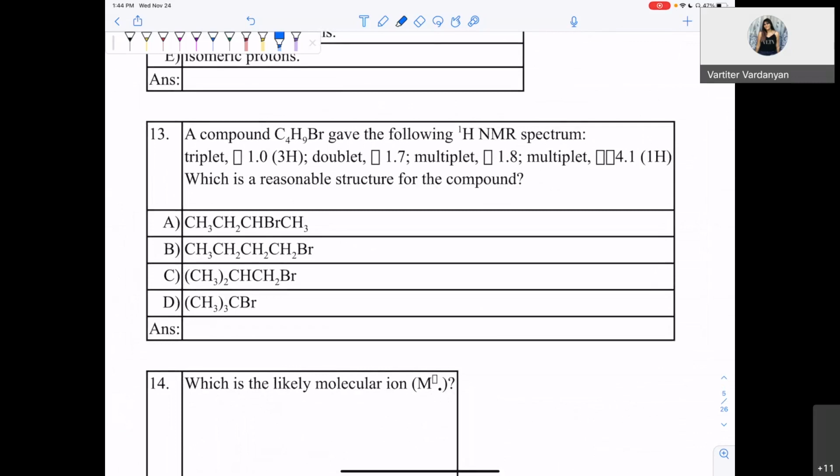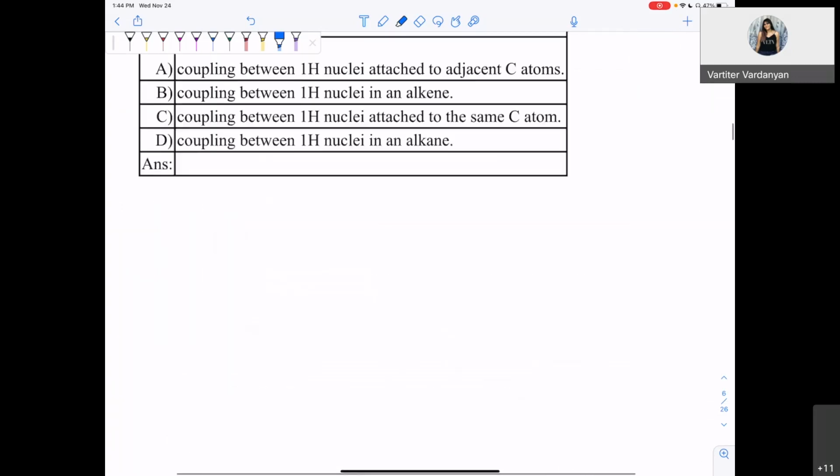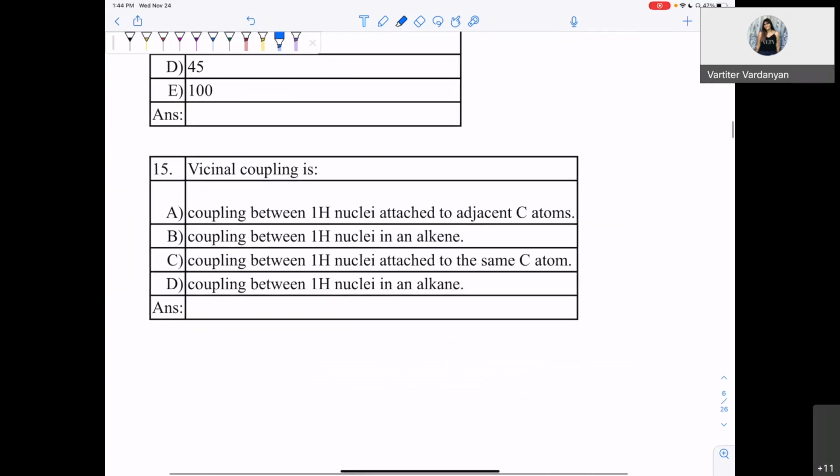Okay. Vicinal coupling. What's vicinal coupling? I know I skipped a couple, but I want to get through a bunch and then we can go back to the ones we skipped. A, attached to adjacent carbons. Cool. So vicinal means next door. So A is correct.